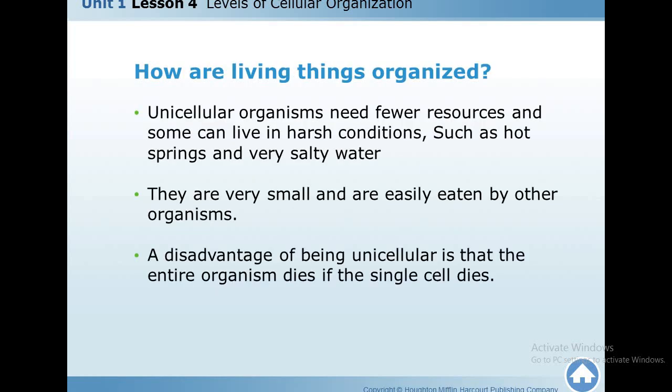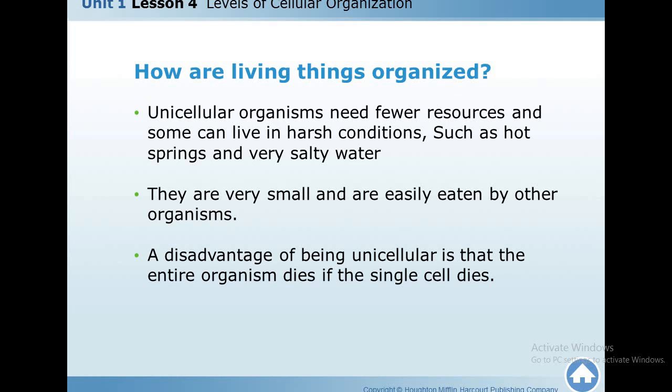So the unicellular organism, they need few resources so they can live in harsh conditions. This means hard conditions, such as hot spring and very salty waters. We are going to have some creatures that are found in very hot seasons and very salty water, and they are unicellular organisms.